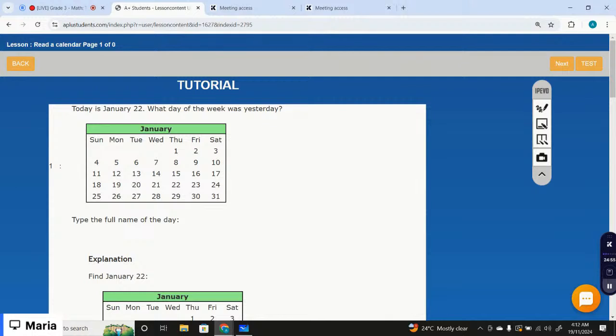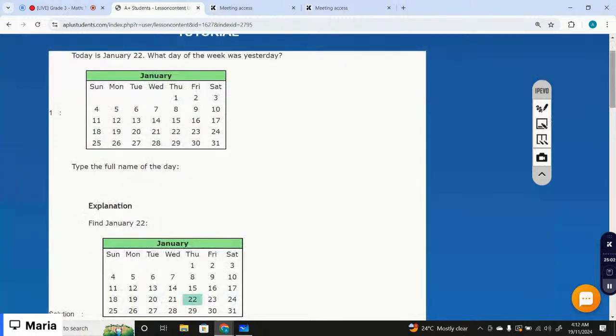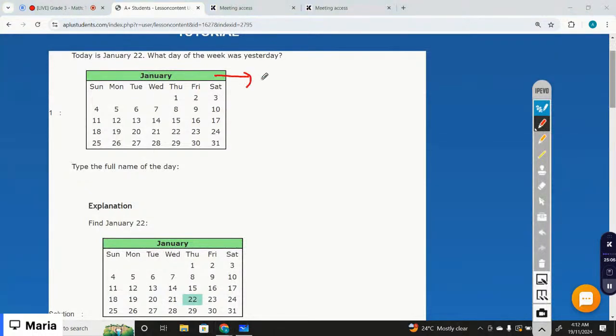What day of the week was yesterday? First thing is you need to learn how to read a calendar. So the very first thing, the very first line here, that is the name of the month. The second line is name of days.